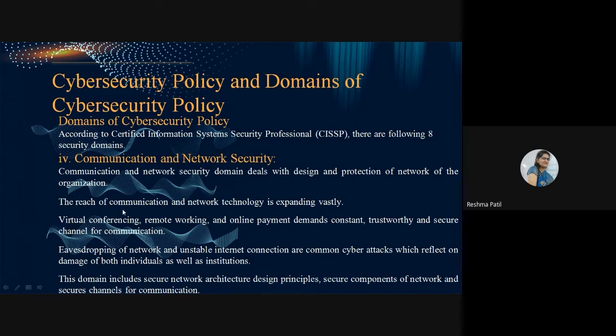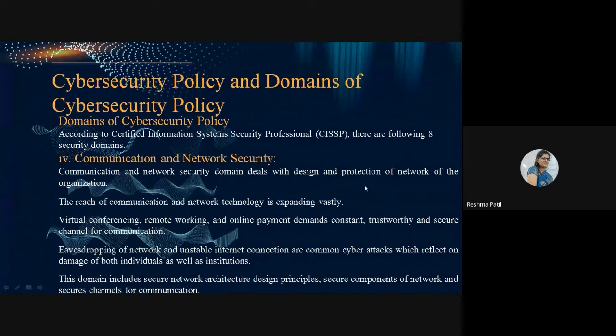The reach of communication and network technology is expanding fast because of the internet. Virtual conferencing, remote working, and online payment demand a constant, trustworthy, and secure channel for communication. For this purpose, we need a constant, trustworthy, and secure channel. So all these points come in here.